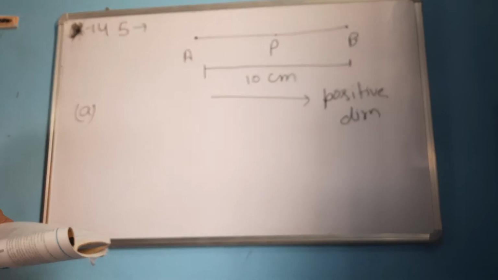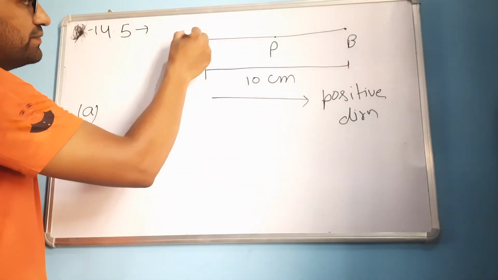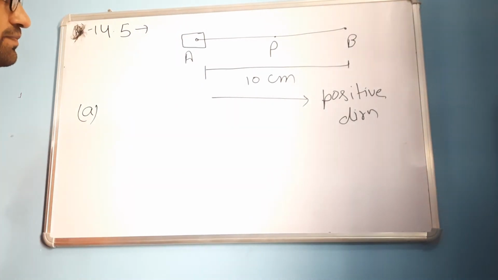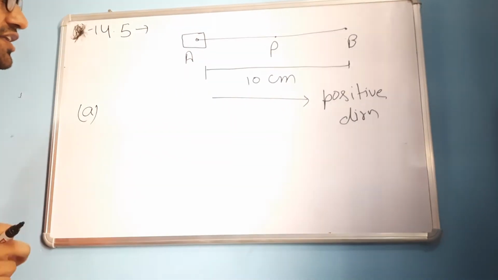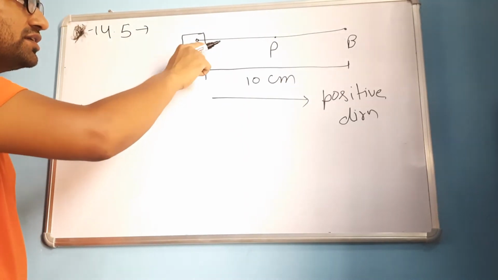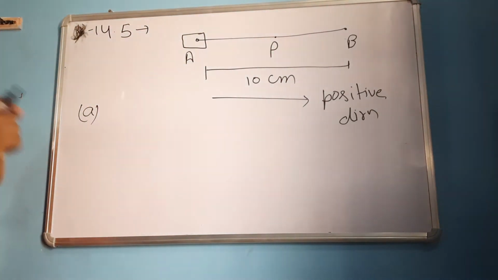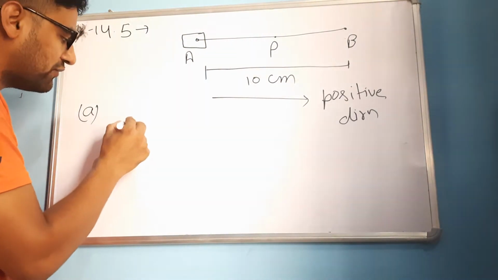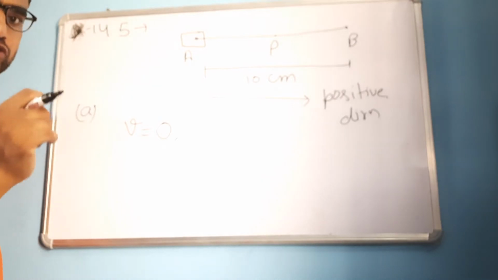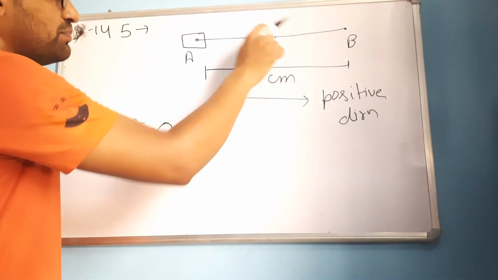The first position is at the end A. Here our particle is at this position, maybe it is starting or maybe it is coming from there. To take a turn, it has to come momentarily to rest. So here our velocity will be 0, and our acceleration is always towards the mean position.